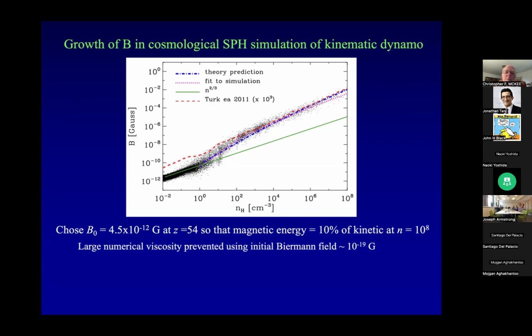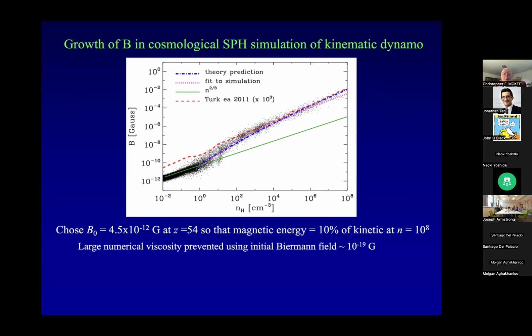It agrees quite well with the theory, except at the very end, where the theory is predicting a slightly higher field value than the actual one. Then we have the n to the 2/3 line. If you didn't have any dynamo amplification, that's what the field would look like. So clearly the dynamo has amplified the field by a factor of about 1,000.